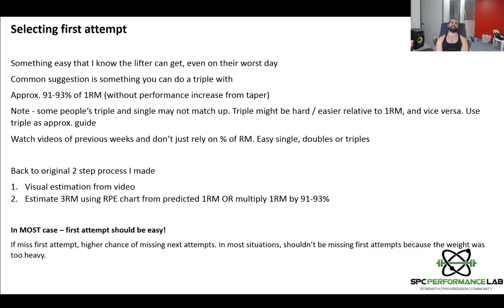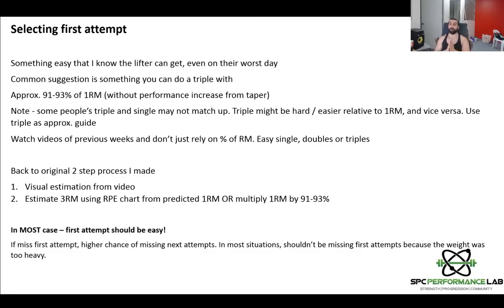However, I like to note that some people's triple and single may not match up. So you might do a triple, like say 140 kilos by 3 reps, okay? And if you use the estimated 1RM calculator, it's going to add about 7%. It's going to be their predicted 1RM.